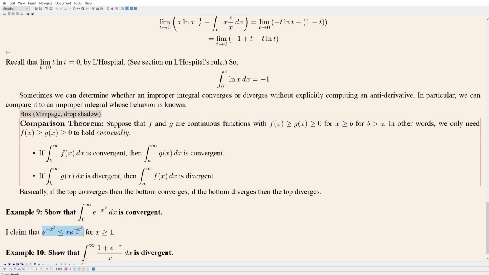Well, because this is a function that I know how to integrate. If I just let u equal x squared, then this factor of x is going to get canceled out. So this is something that I can integrate. Furthermore, if I can find that the integral of this converges, then that means the original integral also has to converge, because it's smaller.